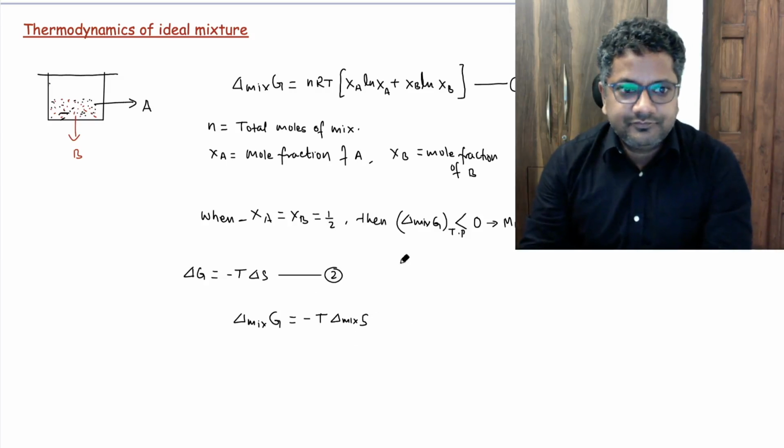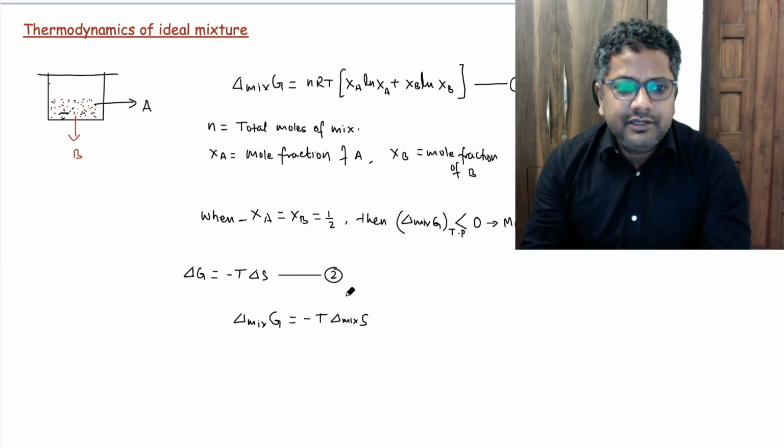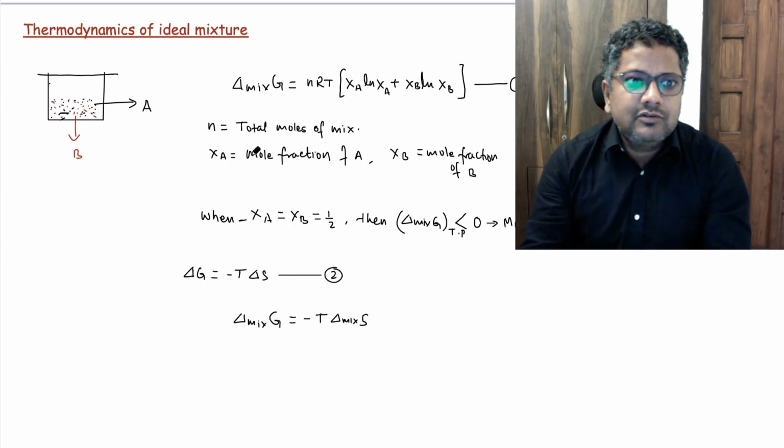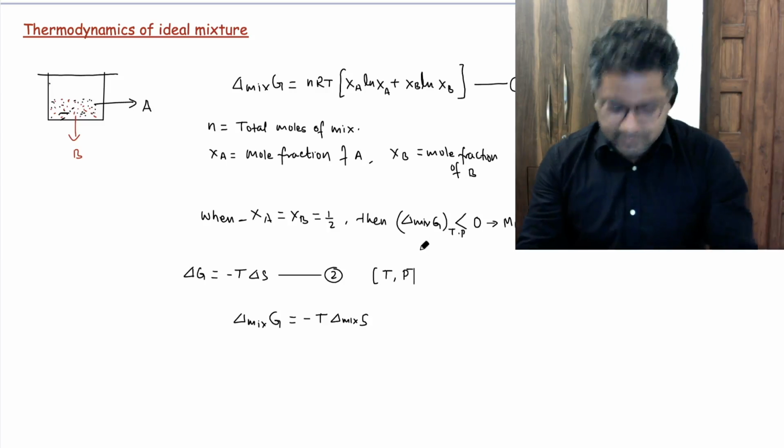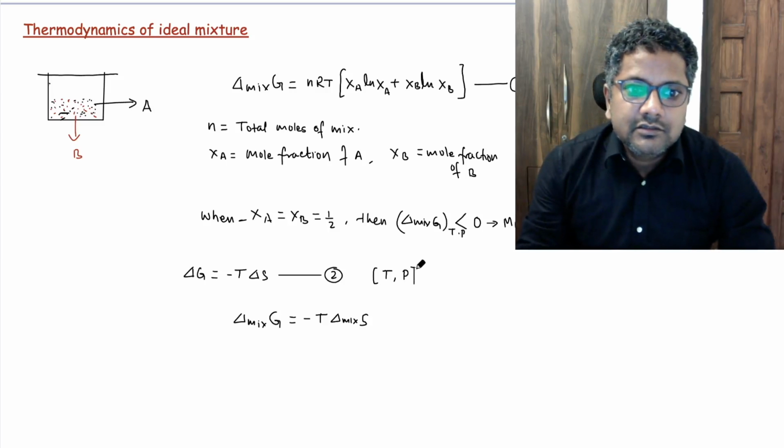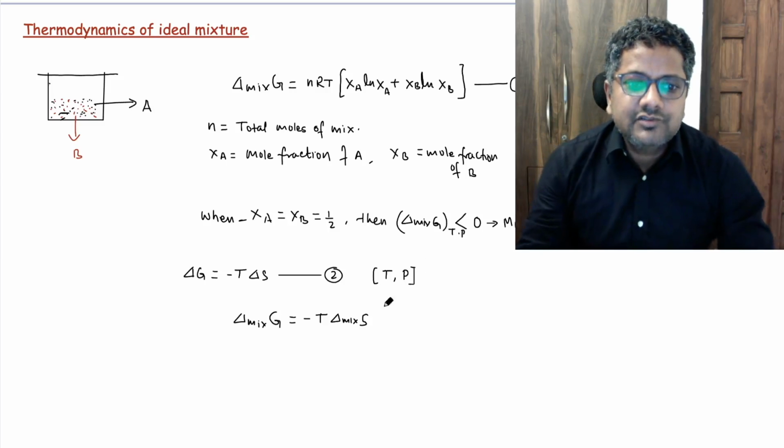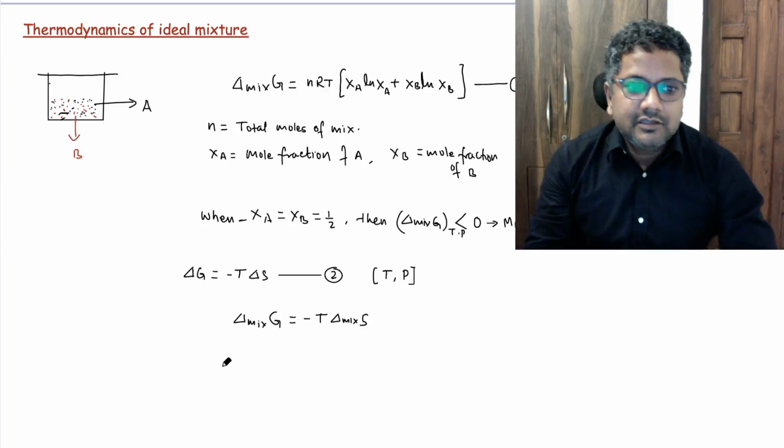So this relation, all of you know, T dS minus V dP, and we already said that T and P are constant, right? So when T and P are constant, you can write this.